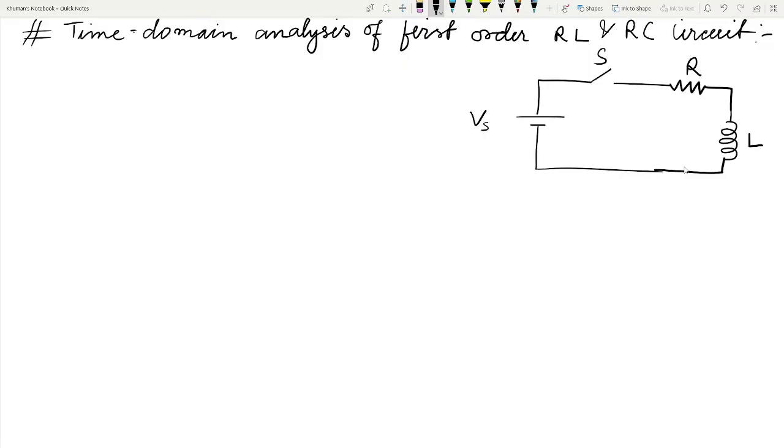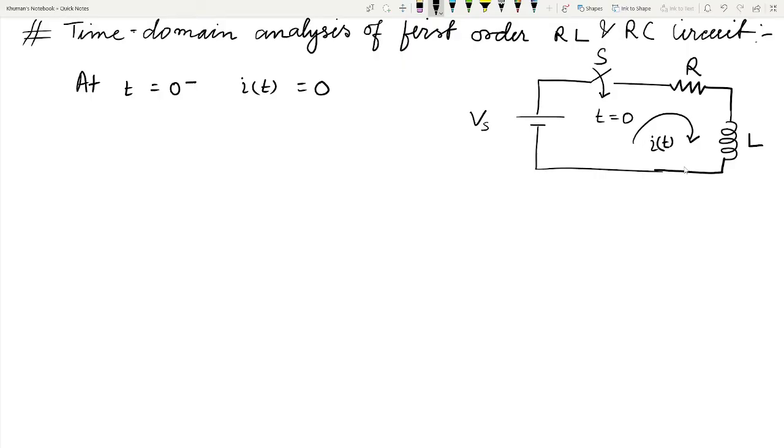Okay, so when we close this circuit at t equal to 0, at t equal to 0 minus, that is just before the closing of the circuit, no current is flowing. Therefore i(t) will be equal to 0. When we close this switch at t equal to 0, a current will flow.